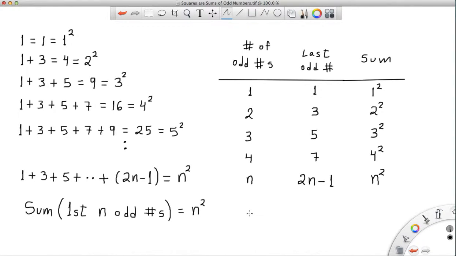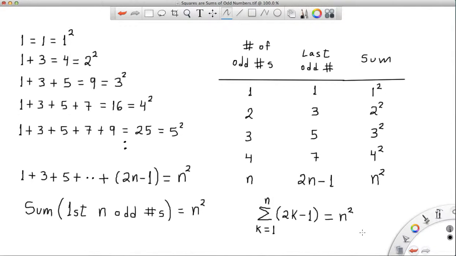There is also this mathematical notation, sigma notation, a little bit more formal. So sigma is a Greek letter, and here we will label an index, for example k, from k equals 1 to n of odd numbers. So we are adding 2 times k minus 1. This is the general formula for an odd number, and the result of that sum equals n square.